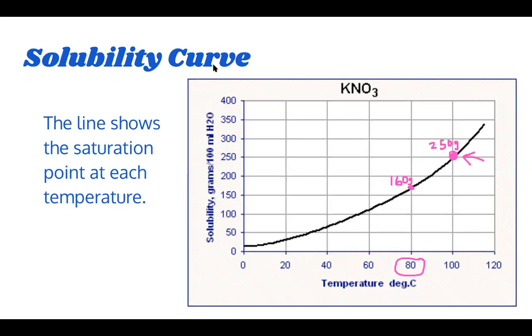What will happen is, as our solution cools, it will follow this solubility curve, and it will obey its new limit, meaning now at 80 degrees, it would be a saturated solution with 160 grams.